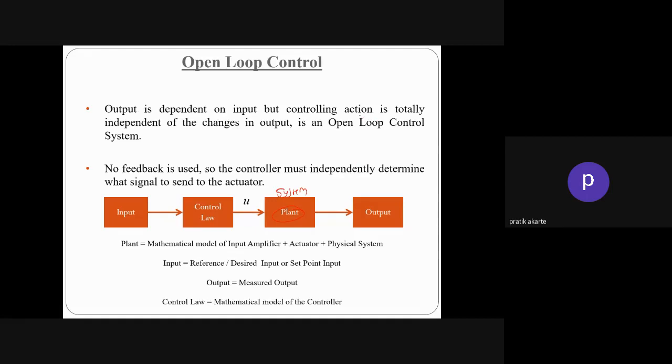So let us consider an example of a fan. If we switch on the fan, it starts moving at a speed depending on the position of the regulator. If it continues to rotate at the same speed without taking into account the surrounding environment, then there is no way out. I'll explain it with the help of a block diagram.